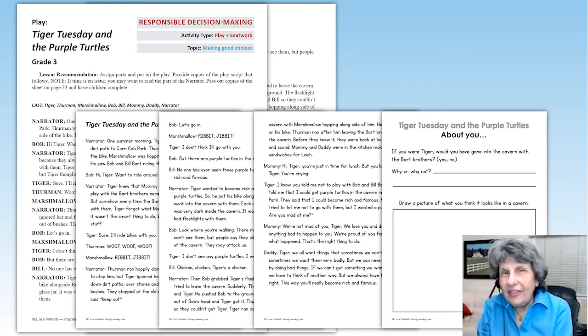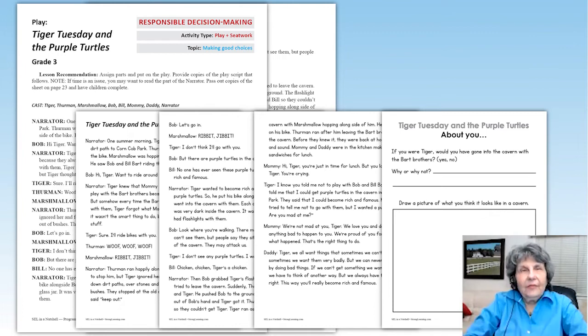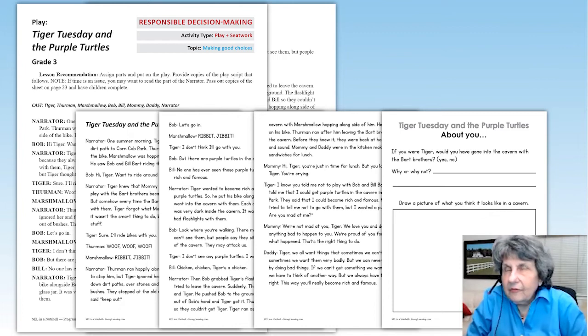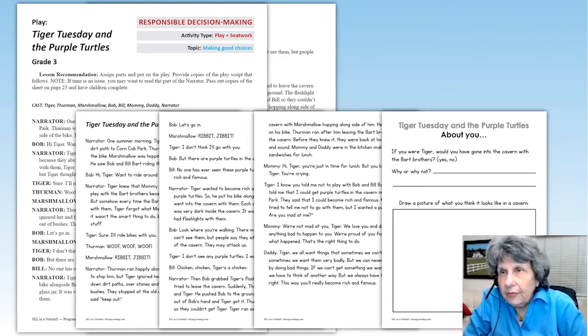And this particular play, because I incorporated SEL into my entire reading program, because you can tell I'm definitely obsessed with the importance. If you don't have the child emotionally and socially healthy, it's going to be hard for them to learn. And that's where so many children fall apart, and it's not a learning problem. It's not from cognition. It's not from intelligence. There are so many social, emotional issues going on with so many children.